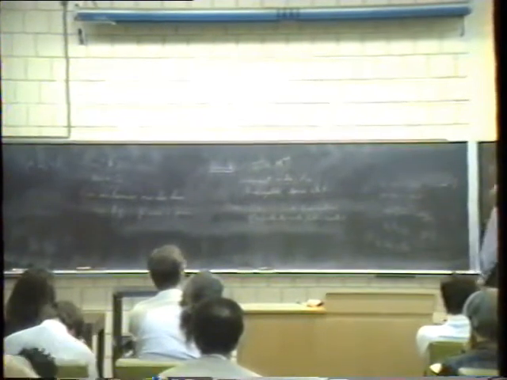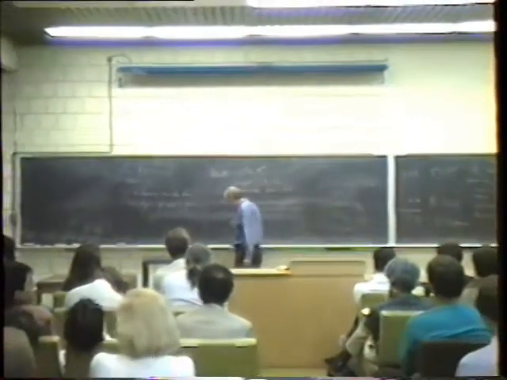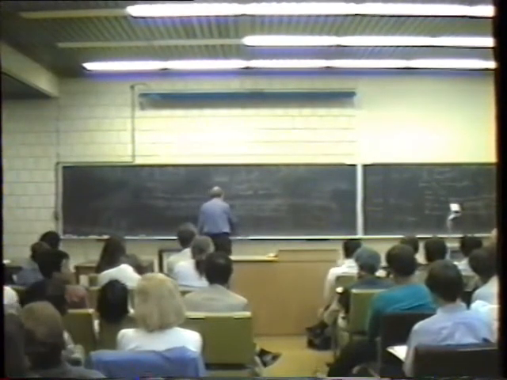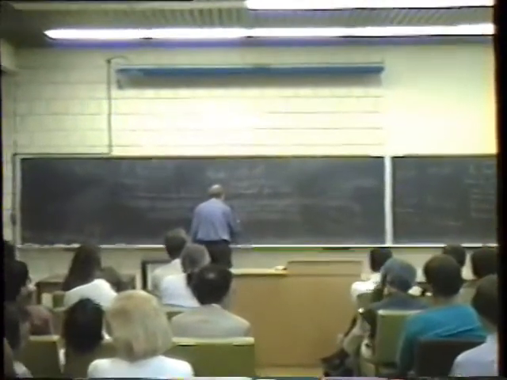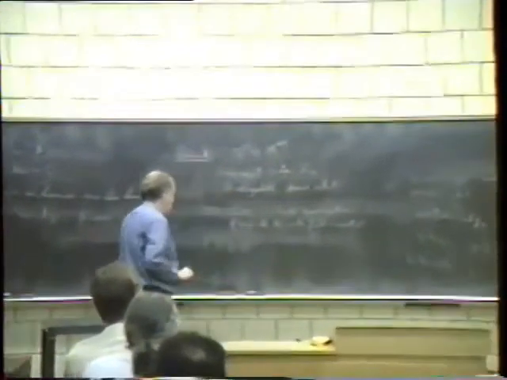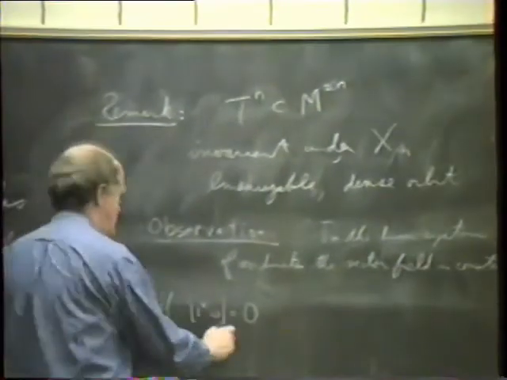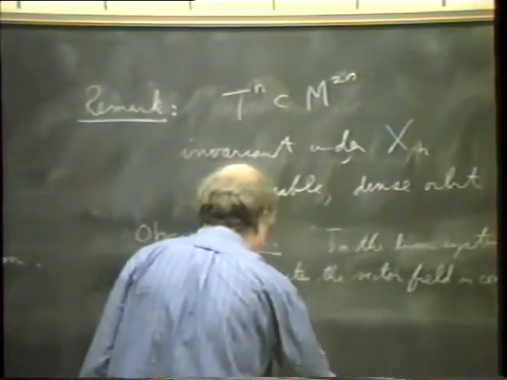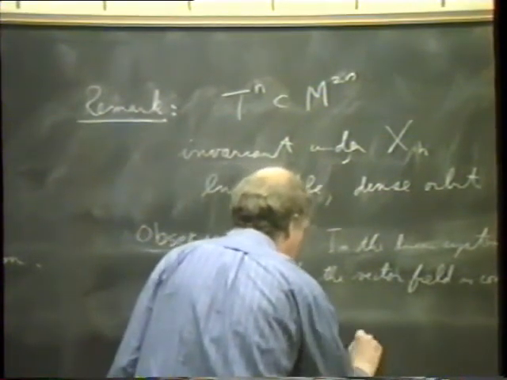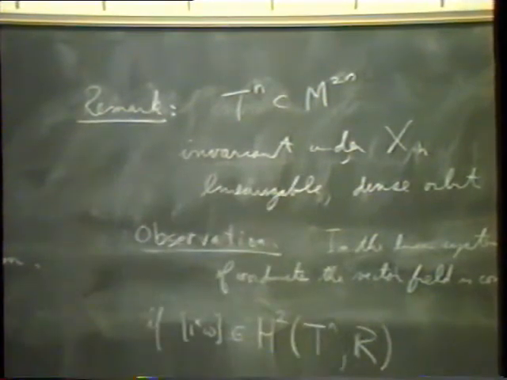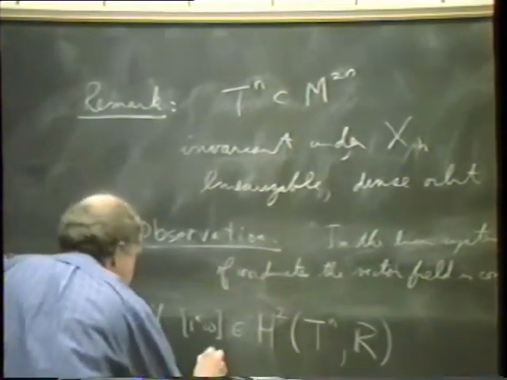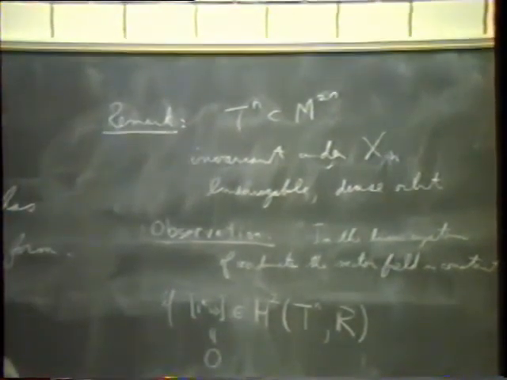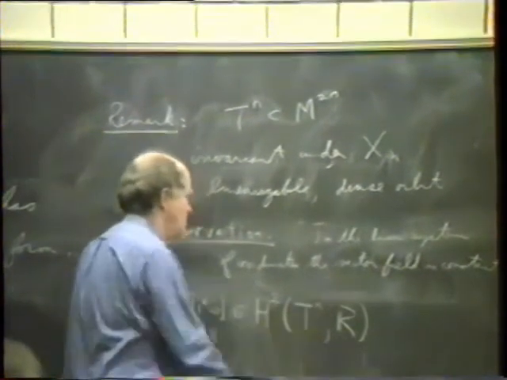So being constant, well, if the cohomology class of I star omega equals 0, let me be explicit, this is in the de Rham cohomology of the n torus with coefficients in R. If this equals 0, well, if you have a constant 2 form on the n torus, if you're a topologist, you know what the cohomology is.